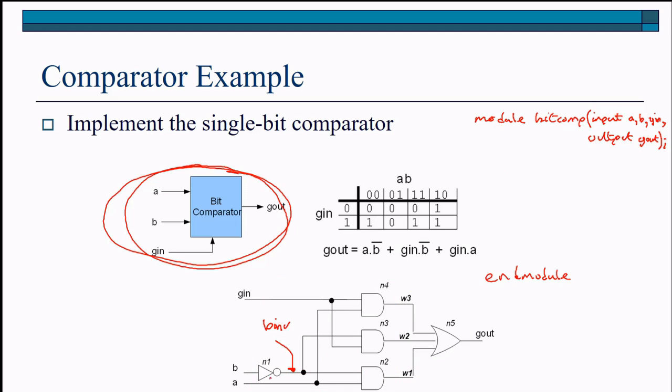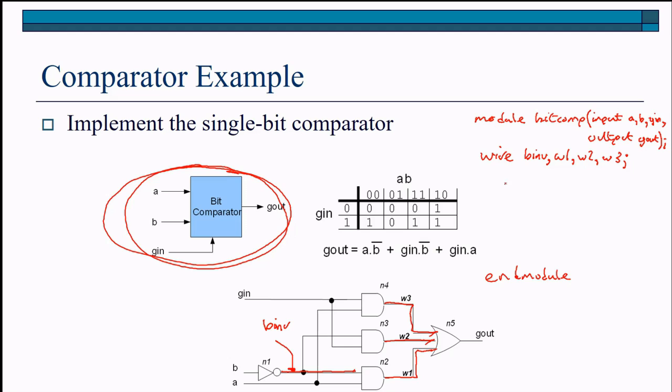We've noted we need some internal wires for our design. We've labeled all those wires BINV, W3, W2 and W1. So let's declare those. These are single bits. They're not vectors. So we've got wire BINV, comma, W1, comma, W2, comma, W3. So these are local declarations that we need inside our module.